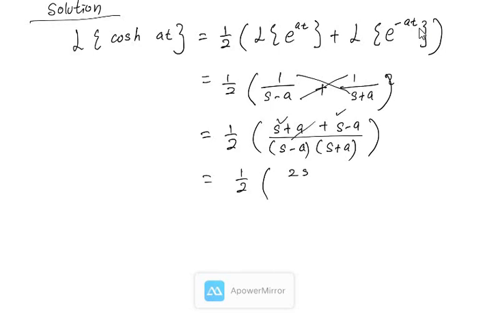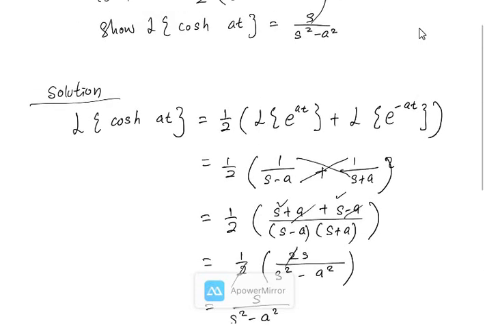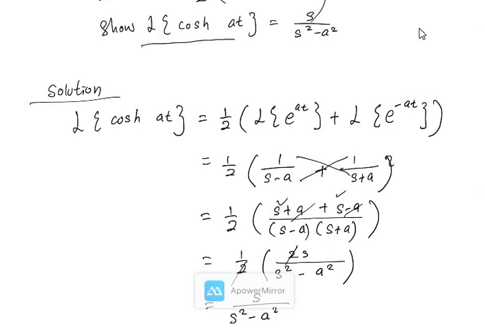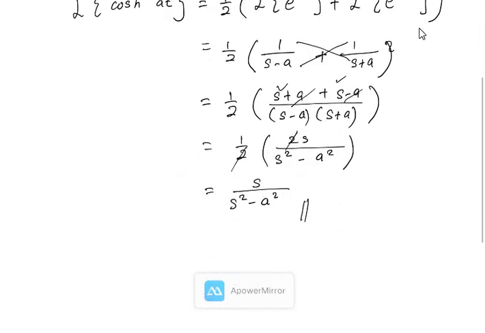The 2 cancels out, and I get s squared minus a squared. So now I can prove that the Laplace transform of cos at is equal to s over s squared minus a squared. So proven.